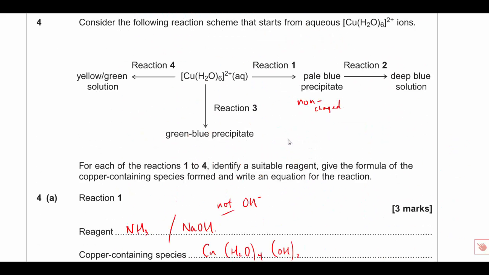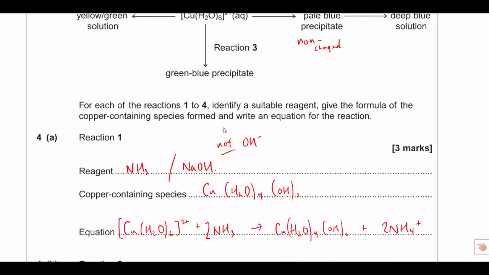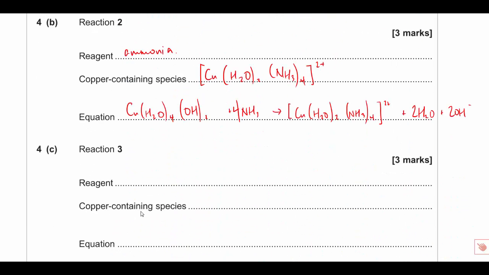So reaction 3 this time. So we're going from the hexaaqua down to the green blue precipitate. Again, not charged there. So what's our reagent going to be? What we're looking for is sodium carbonate this time. Copper containing species is going to be CuCO3.